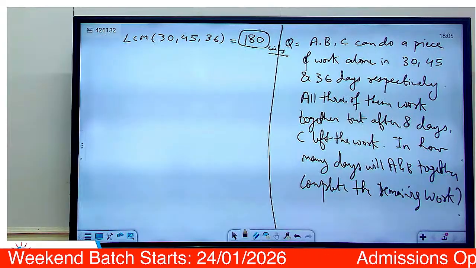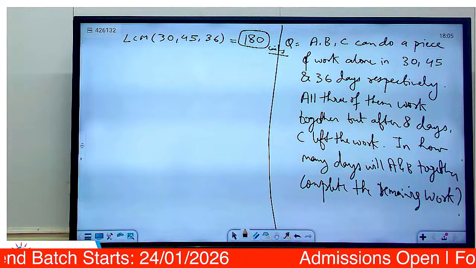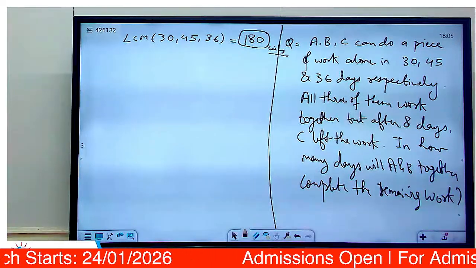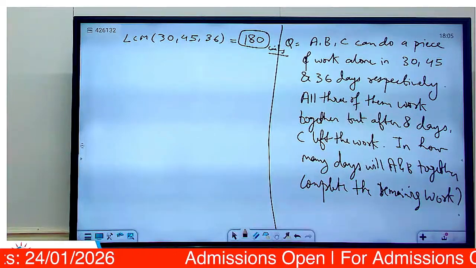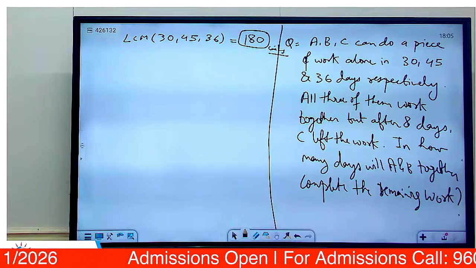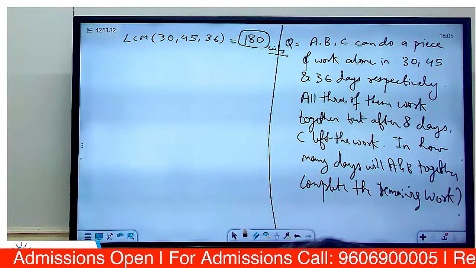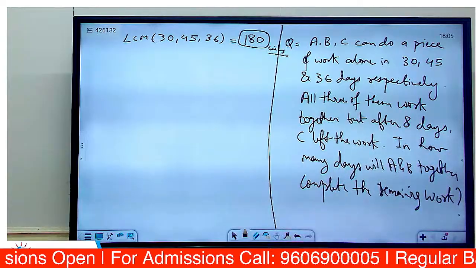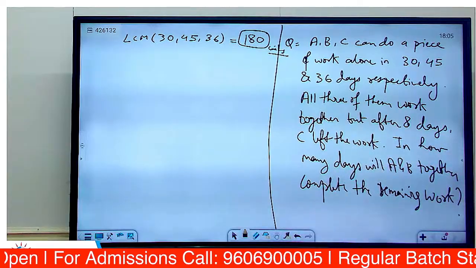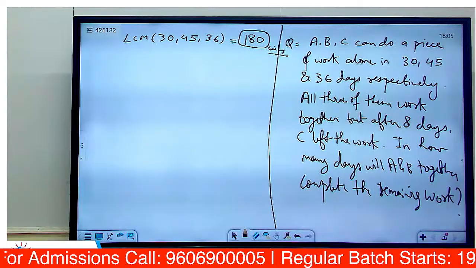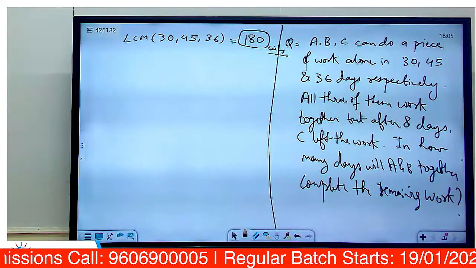What are you getting? 6. Achha. Efficiencies are found. Then draw the timeline.